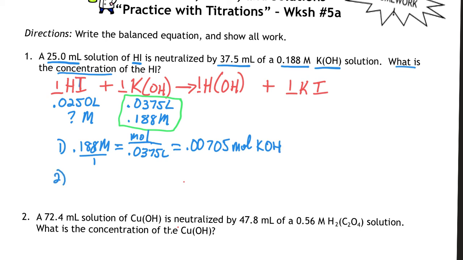Step 2 is going to be to take my moles of KOH and convert it to my unknown, which is moles of HI. So I know I've got this many moles of KOH.